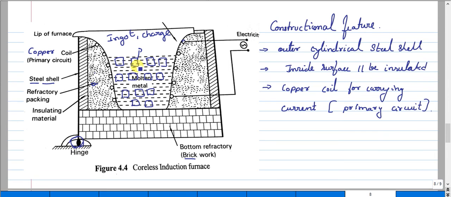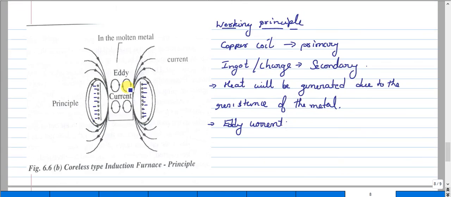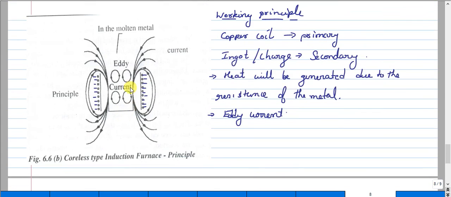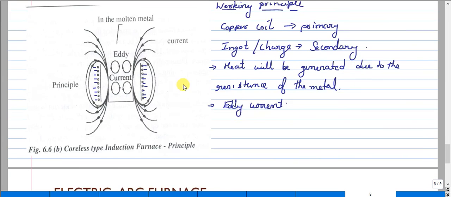So the eddy current will be induced here, where it will generate more heat and the metal will start to melt. By that you will get a molten metal. So this is about the induction furnace, and we have one more variation, that is the electric arc furnace.